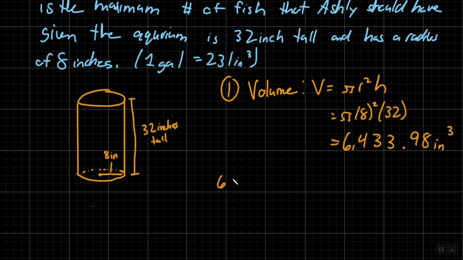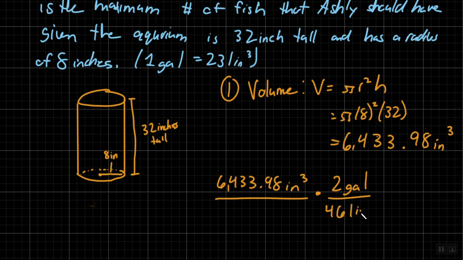Okay, so I did 6,333.98 inches cubed. And you want to do 2 gallons over, what was the number? 461 inches, 62 inches cubed. I'm going to take the top number.